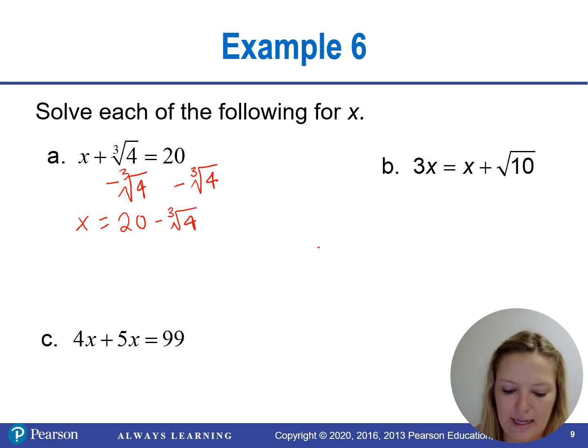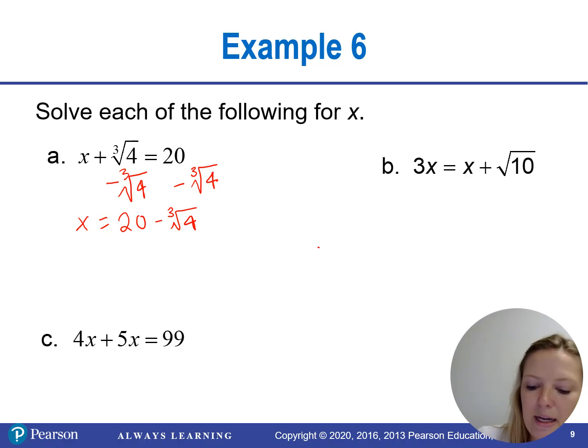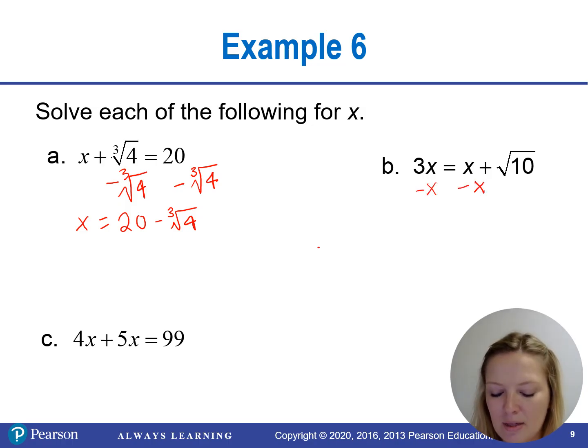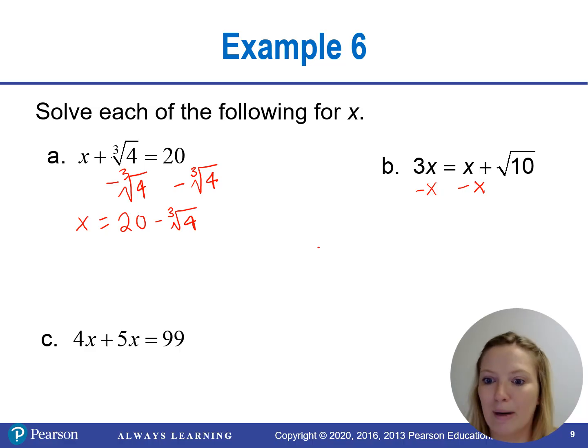If we look at the second example, b, we have 3x equals x plus the square root of 10. Now we're again trying to isolate x. So our goal is to first get all of our x's together in one place. If we subtract x from both sides, then the left-hand side is 3x minus x, or minus 1x, right? So we're left with 2 x's on the left.